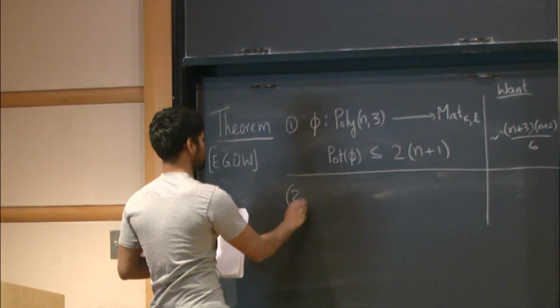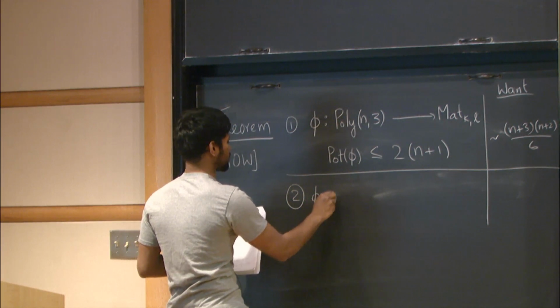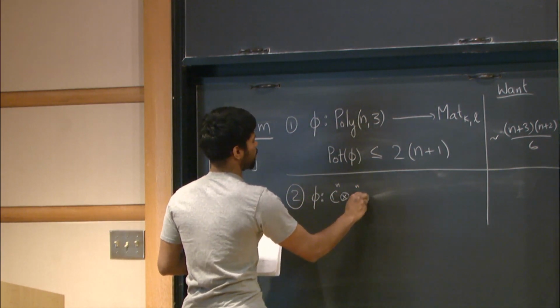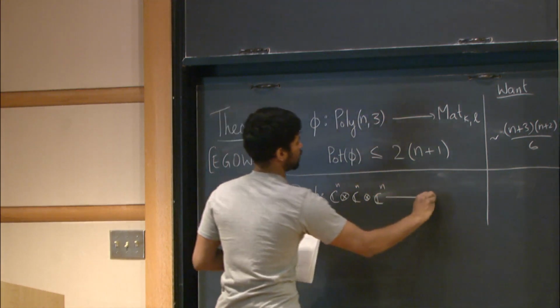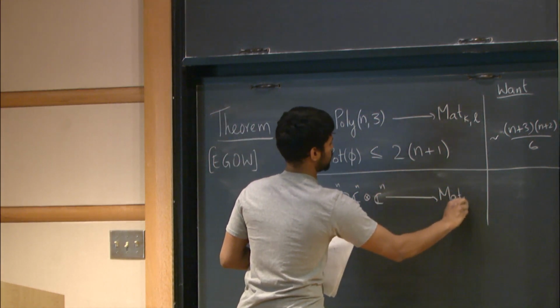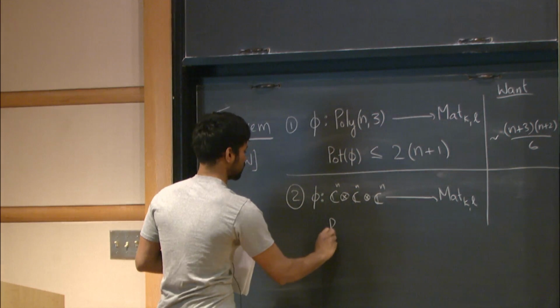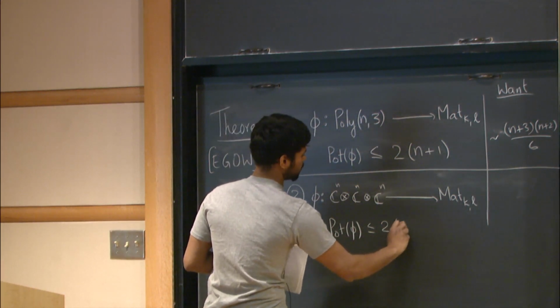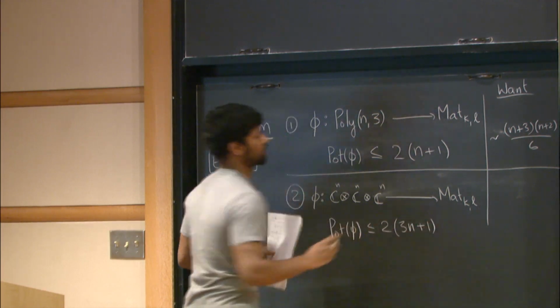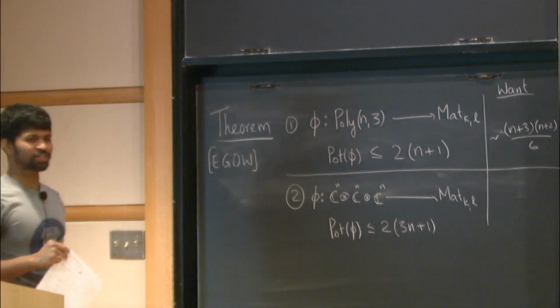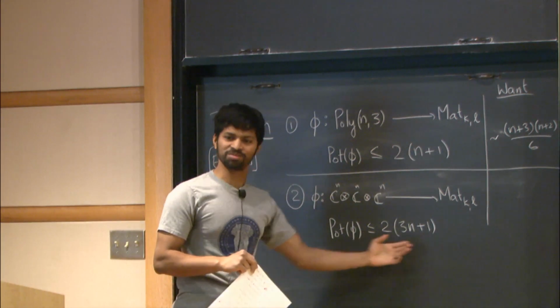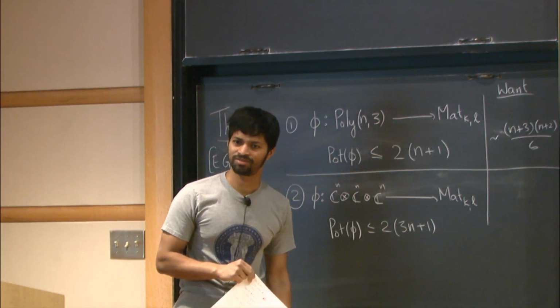And the second result is the same kind of result, but on tensors. On 3-tensors, if you take any rank method you want, the best lower bound you will ever be able to prove would be less than or equal to 2 times (3n plus 1). There's a specific reason why I wrote it as 2 times (n plus 1) rather than 2n plus 2, or 2 times (3n plus 1) rather than 6n plus 2.